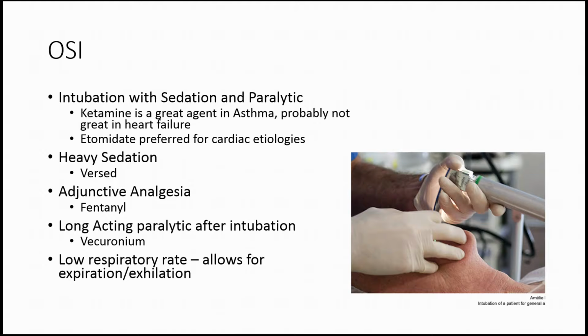This is after I've secured and confirmed an airway. I give fentanyl for analgesia. I give Versed for sedation, okay? And then I paralyze them because you can't ventilate these people well unless they're not participating, particularly your asthmatics.